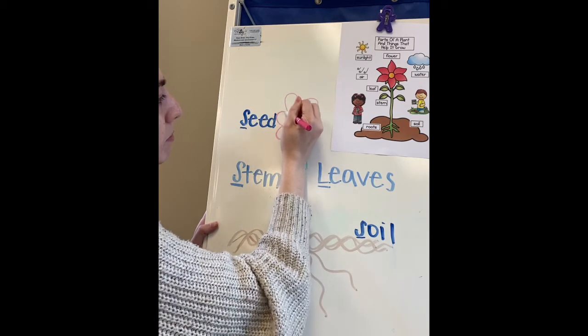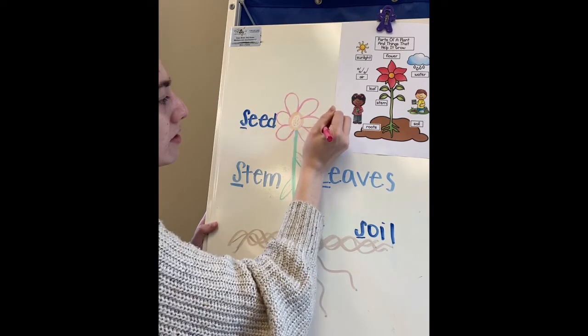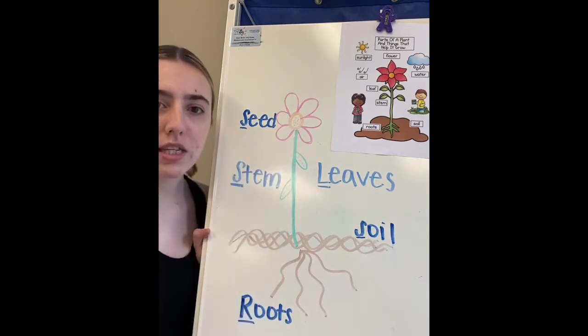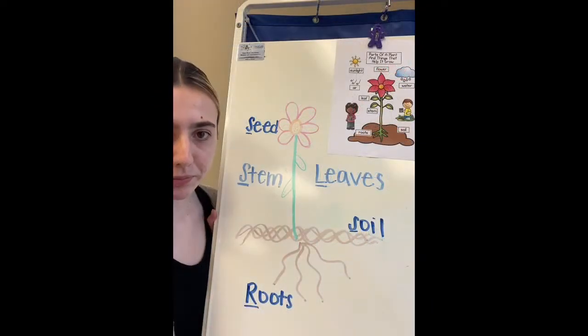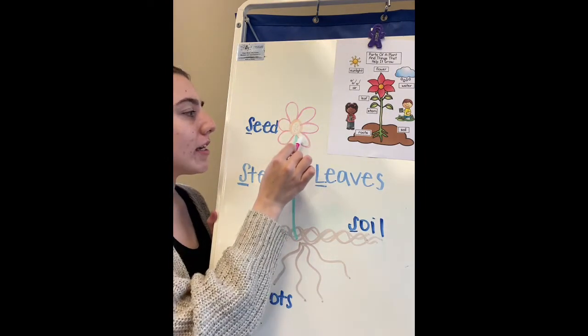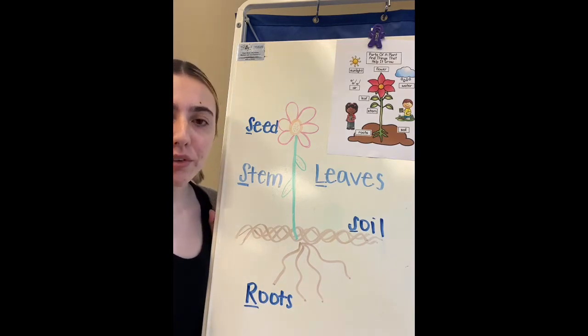These pink things are called petals. Can you say petals? And you'll see this on every kind of flower. And petals help attract the bees or certain animals that help make more of the flowers.